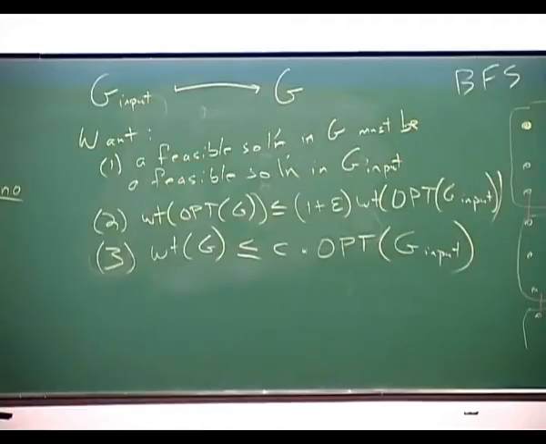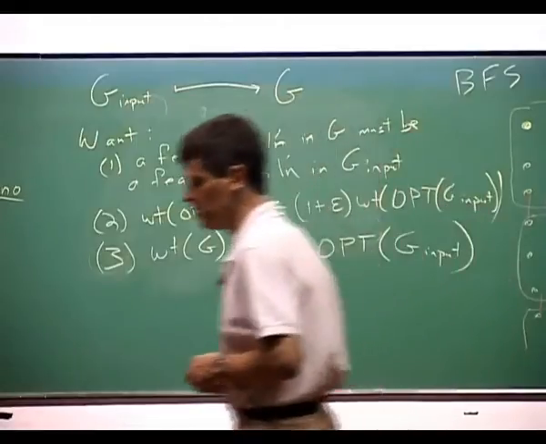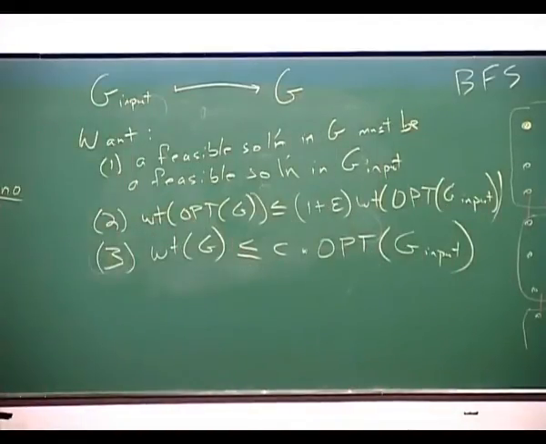Contraction. So if we contract edges of very high weight, what could that do? Certainly, if we contract edges, if we unify vertices, property 1 will be true. If a set of edges manages to disconnect the terminals in G, certainly it's going to disconnect them in G input.